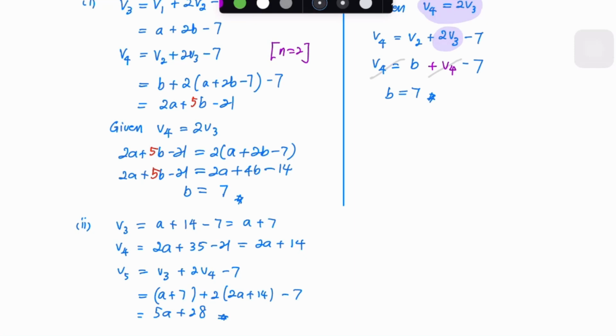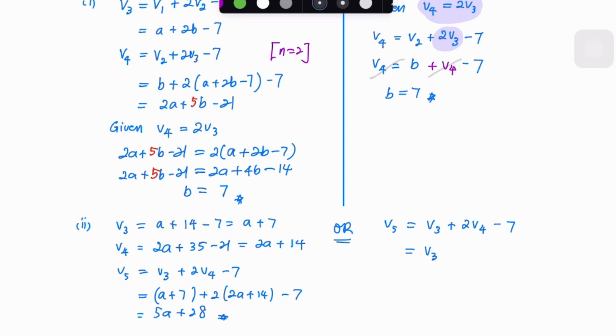If you do this instead, then you will suffer a bit for the second part because you need to find what your V3 and V4 are from scratch, in terms of A. Now the other way to do this, which also requires you to see it, is V3 plus 2V4 minus 7, correct?